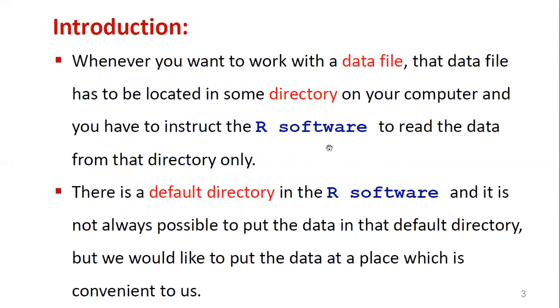But we have to direct R software by providing the path, by setting the directory. That is the first thing. There is a default directory in the R software, and it is not always possible to put the data in the default directory. We would like to put the data at a place which is convenient to us, but we have to set that directory.